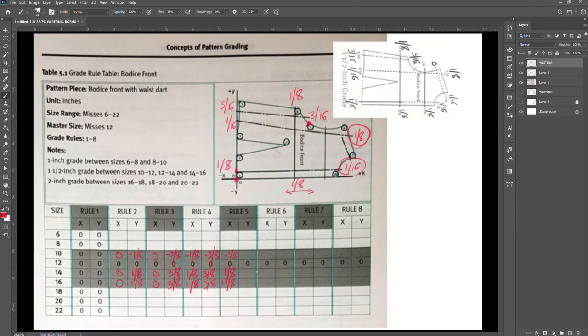So we add together 1/8 and 1/16, and we get 3/16. Negative, that should be a -3/16 up there, and then positive 3/16 in the lower columns.